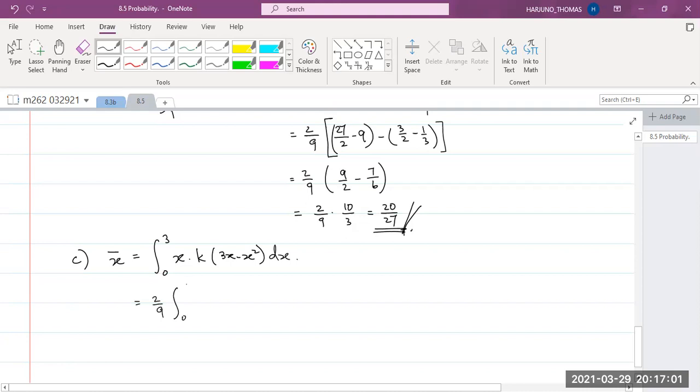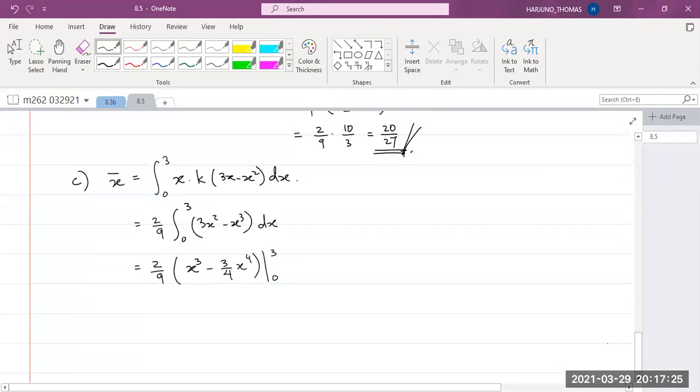Integral from 0 to 3 of 3x squared minus x cubed dx. That's x cubed minus 1/4 x to the 4th from 0 to 3. That's 27 minus 81/4.